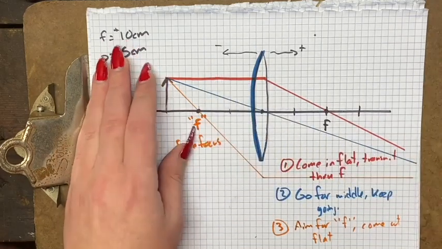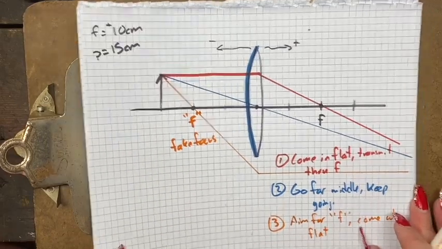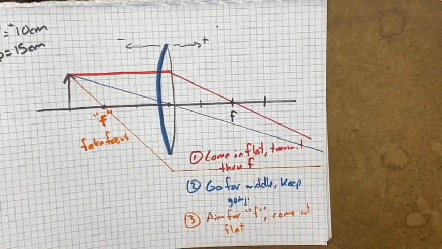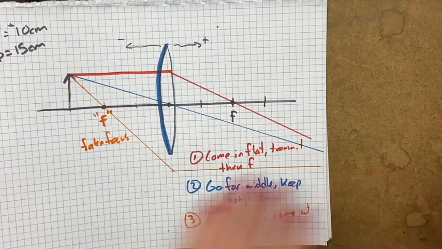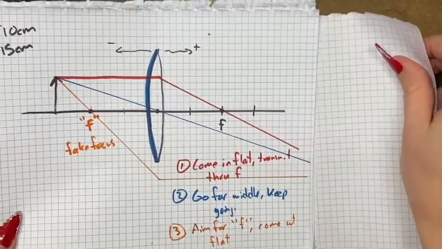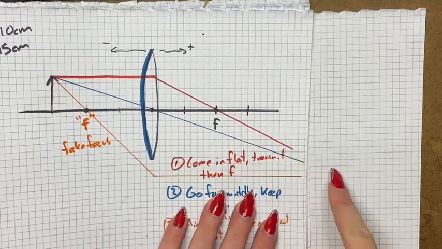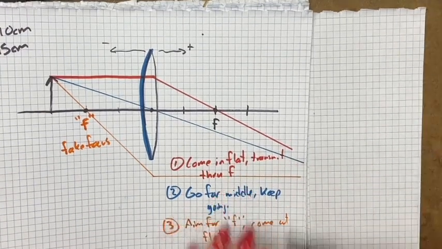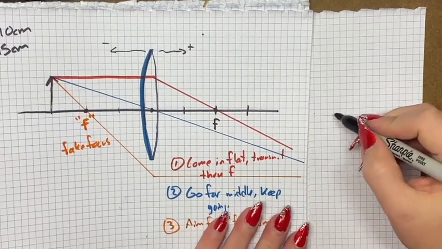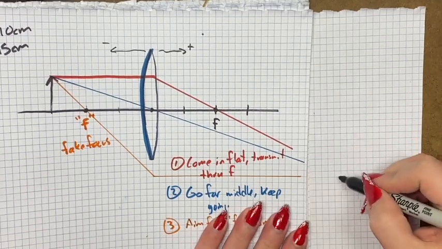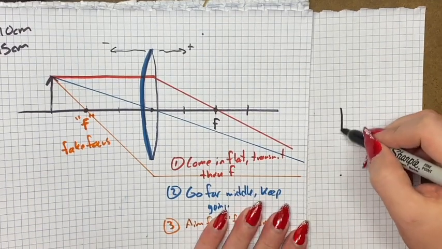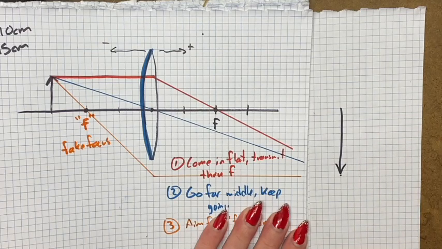So we can kind of come up with maybe an idea of where the image is. Let's kind of pretend extend this. These rays would go somewhere about here, it looks like. So my image is, let's see, probably about there. What can we say about it?